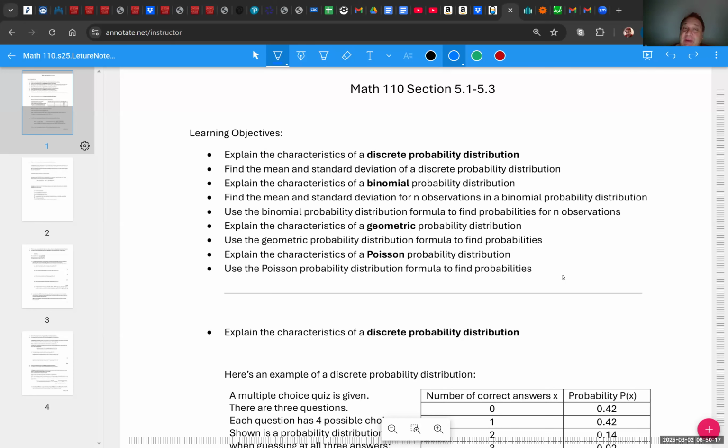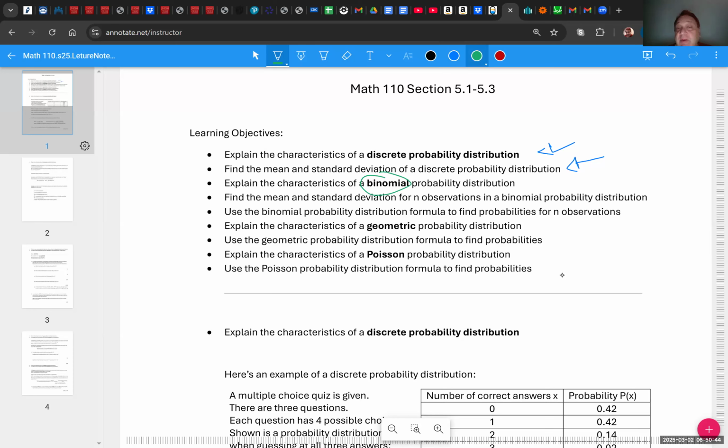I'll go over the main learning objectives. So the first main learning objective is to explain the characteristics of a discrete probability distribution. And then once we do that, we're going to be using some formulas for the mean and standard deviation of a discrete probability distribution. And then we're going to be doing the same kind of thing with a binomial probability distribution.